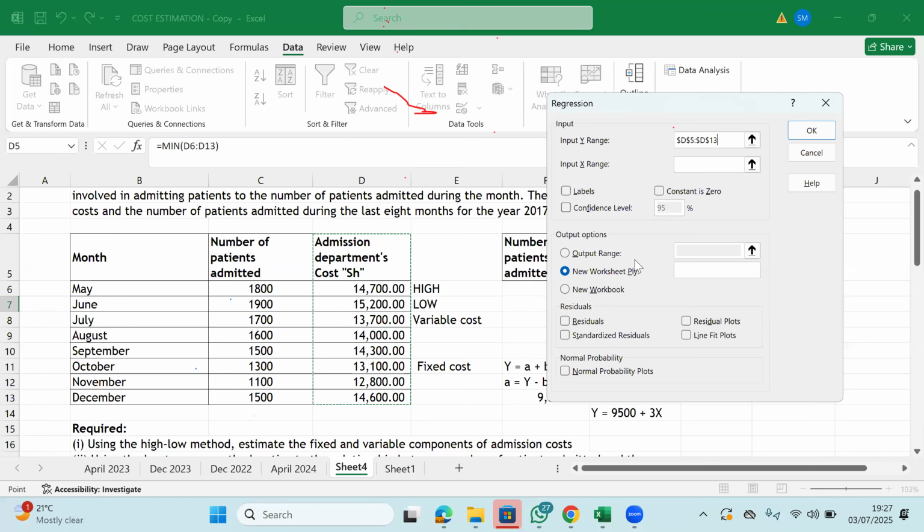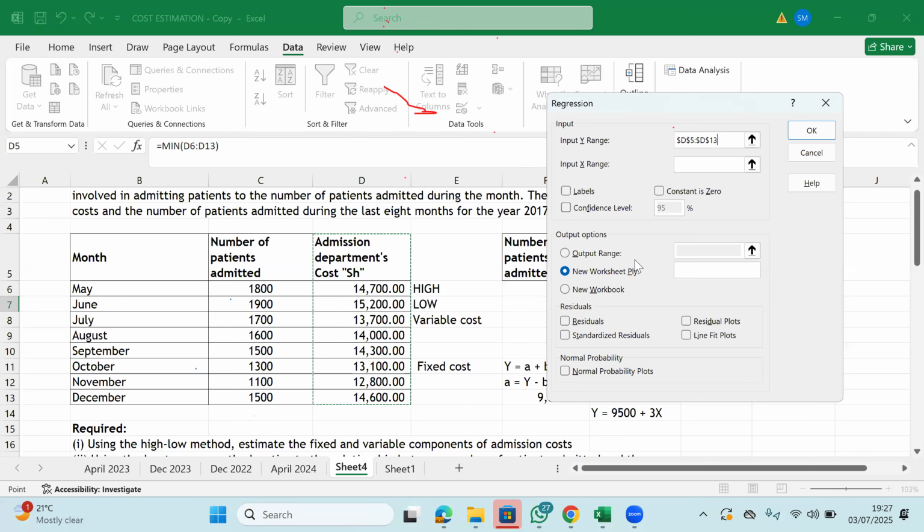And of course, I've selected including the label, yeah, then the numeric data in admission department cost in shillings. I've selected that intentionally, such that when the results are being processed, that label is maintained. So basically our Y range is the cost, starting from the title and the corresponding amounts.